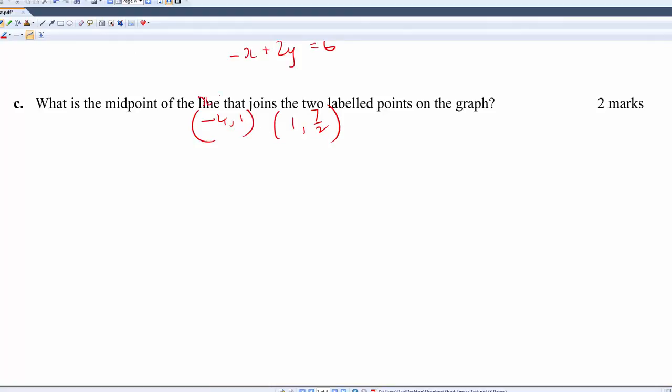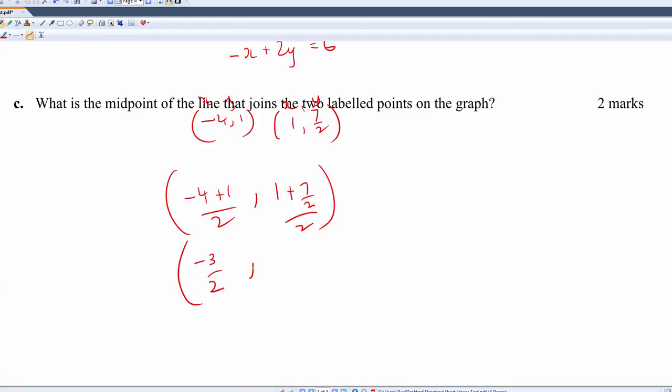So that's x, y, and x, y. What we're going to do is add the x values together. So we've got -4 plus 1 all over 2, which will give us our x coordinate of the midpoint, and 1 plus 7 on 2 over 2. Now that will be -3 on 2 as the x coordinate.